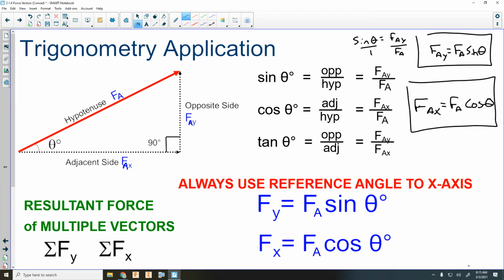The x component is always the cosine. The y component always uses the sine function, as long as we use the reference angle to the x-axis. That's a shortcut that is going to make the next 2 weeks a lot easier.